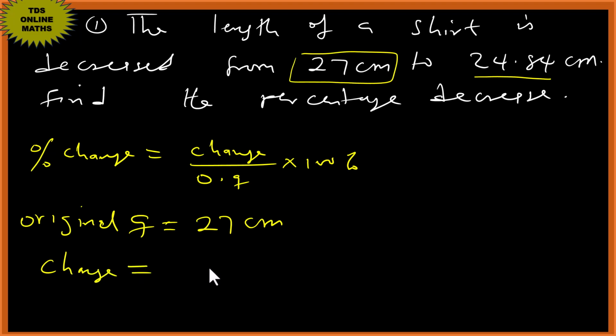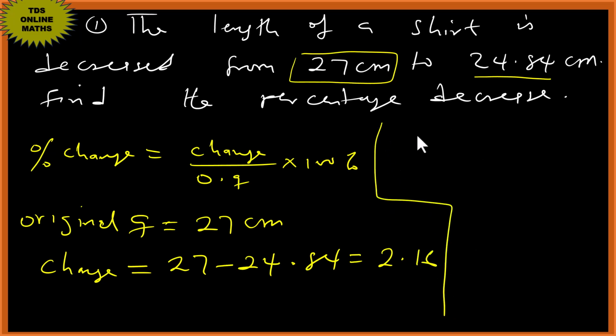So let's find the change. The change will be 27 minus 24.84. Using the calculator, 27 minus 24.84, we have 2.16.